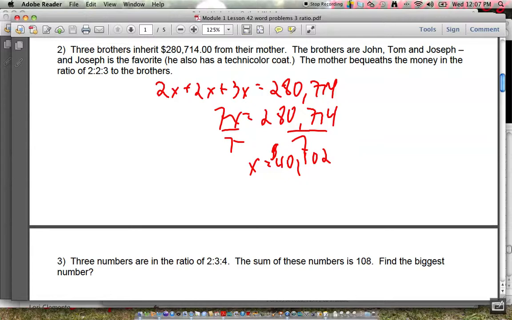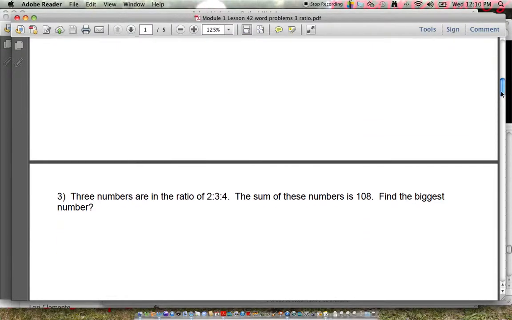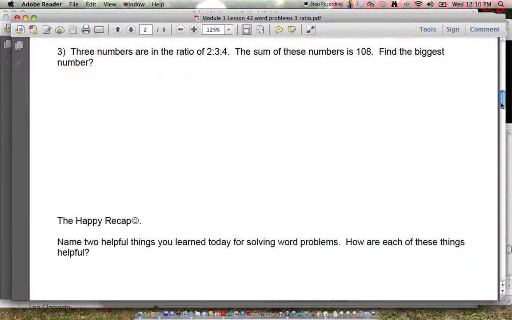Yeah, you just multiply by 2, multiply by 2, multiply by 3. Okay? Any questions? Good, try the next one. By the way, that word bequeath means to give to, as in like an inheritance.